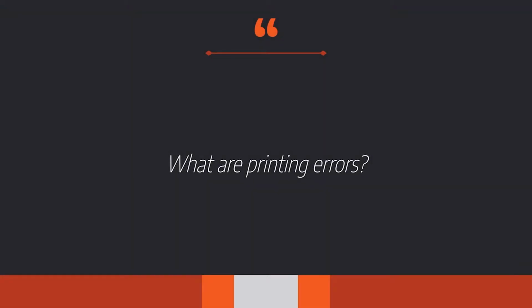The first thing I want to do is talk about what printing errors are. Printing errors are anything that happens during the printing and production process, not just printing, but packaging errors, things like that. Basically they're anything that makes it not an accurate example of what the card is supposed to be.